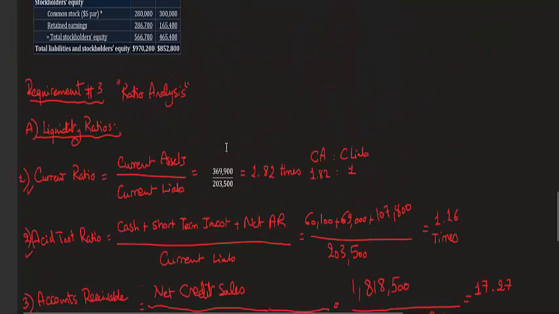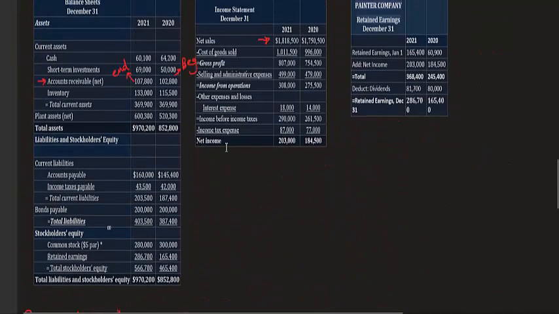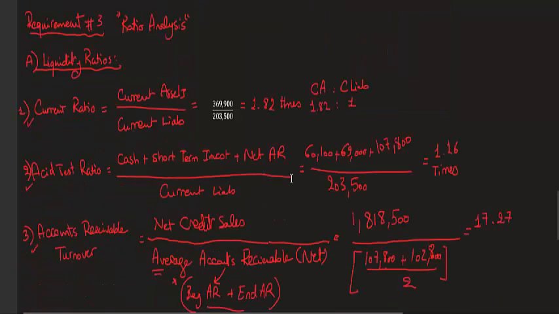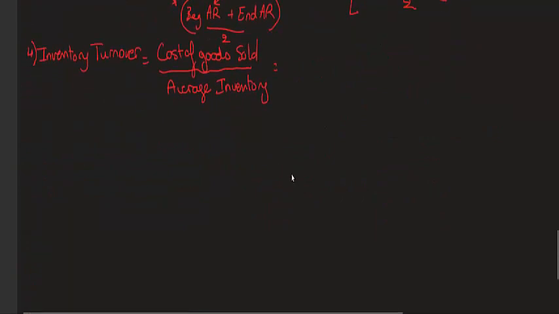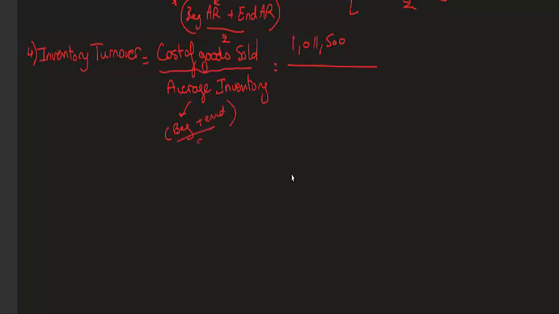So we're going to find the cost of goods sold for year 2021, sorry, 1,011,500. So we're going to write it here, 1,011,500 divided by the average inventory, which is the beginning plus ending divided by 2.